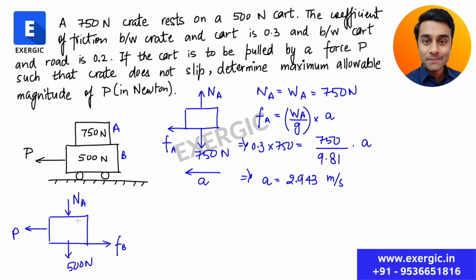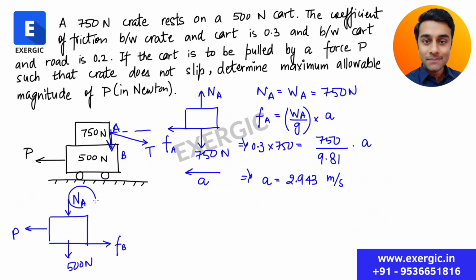All right. But it is always best to use normal reaction and not the weight directly, because if you recall, in one of the previous examples there was a string attached also, and that string was having a component in the vertical direction.